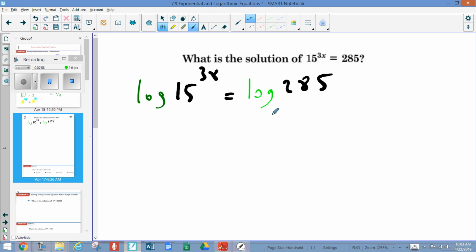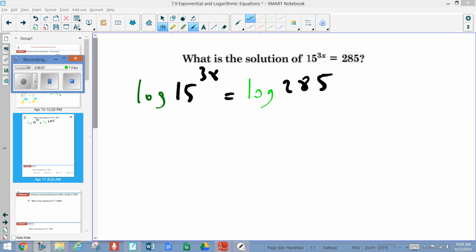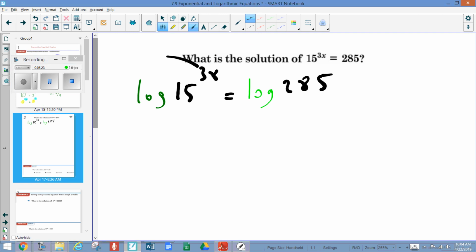What did I do? I just added log to both hand sides. You are not able to write those two numbers in the same base, that's why I'm adding logarithm to both hand sides. And remember the exponent rule: the exponent goes to the front as a product. So this number is going to the front as a product. 3x times. Did you get confused?